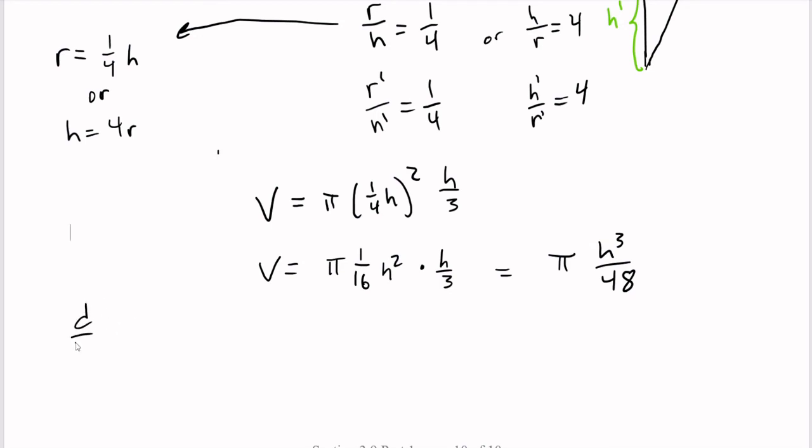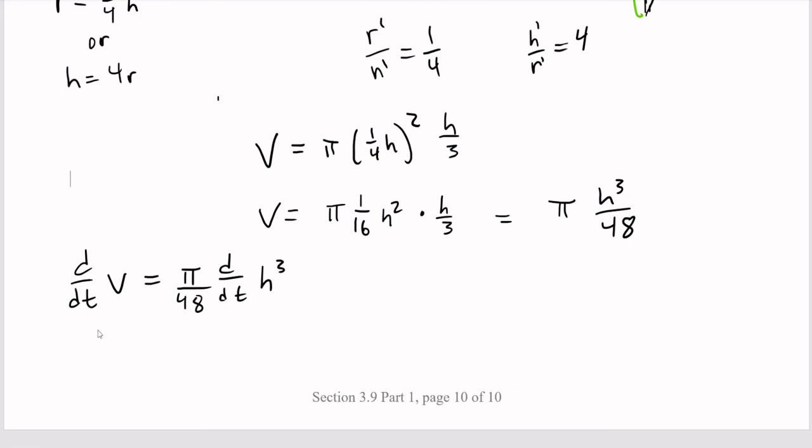Do the derivative of each side. So then I'll take the pi out, take the derivative, and I can take the 48 out. h cubed. Now, this is just dV/dt, so that's not too bad. Over here, remember, h is a function of t. The height is changing as time changes.